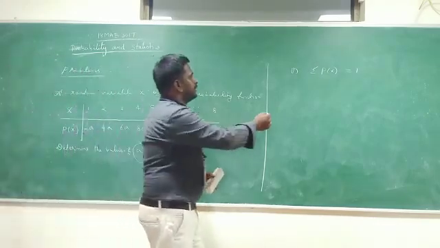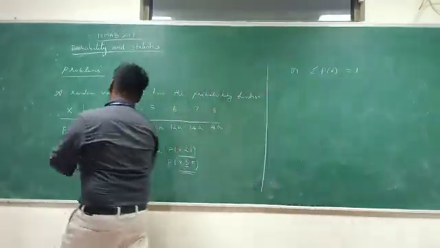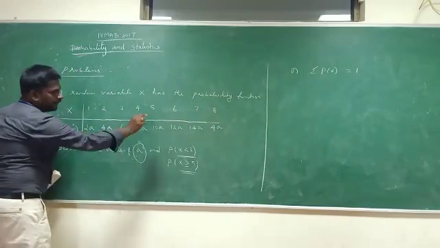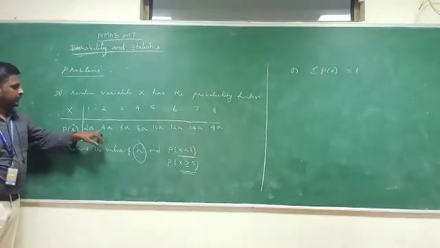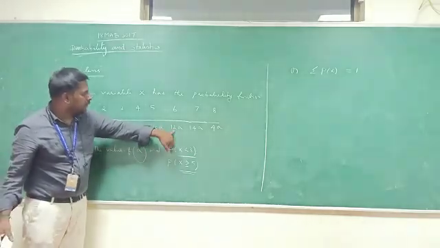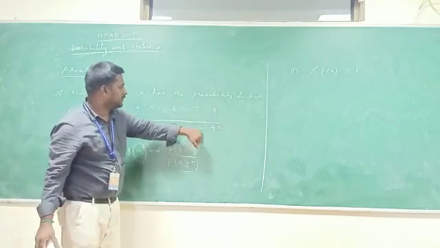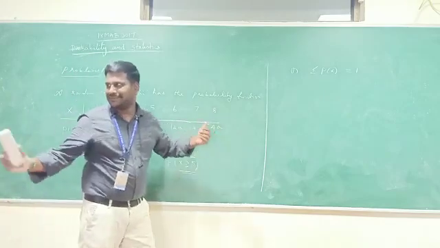So here, the sum of all the probability values. That means you have to find the sum of all the values here. So this is 6, 12, 20, 30 and 42 and 56, 60.